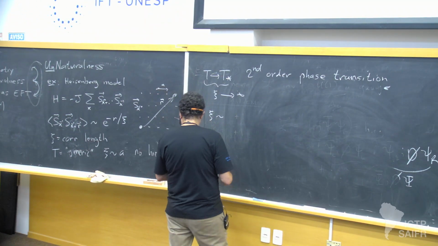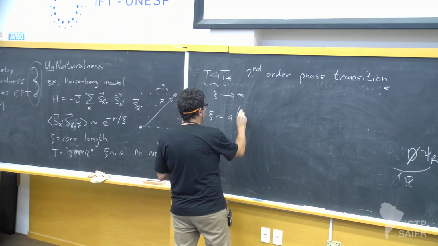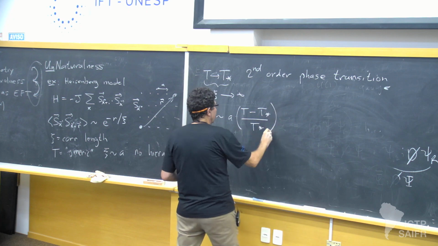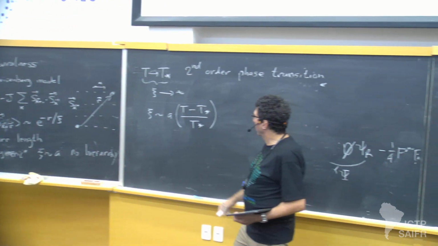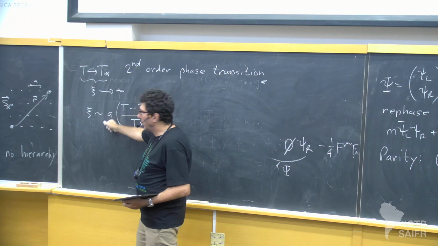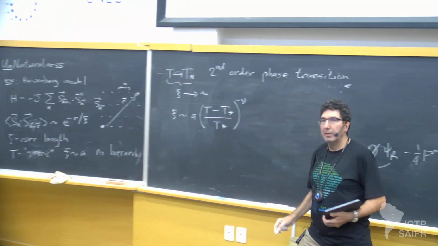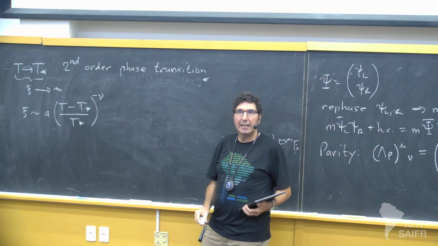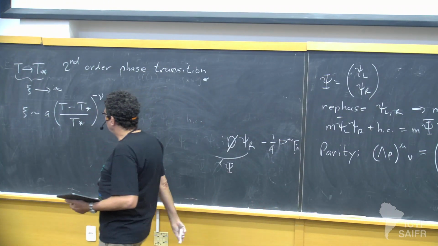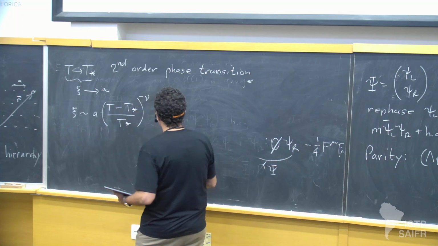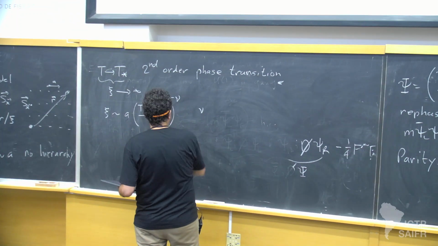And how does it diverge? There's a famous formula, or behavior. So this is the fractional difference away from the critical temperature. It's normalized to the lattice spacing, but then xi diverges as some power of the distance that you are away from the phase transition.